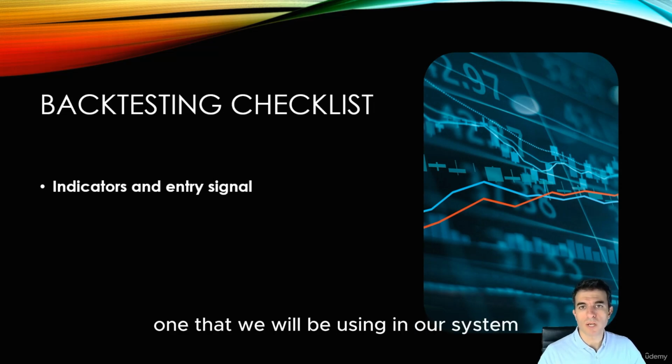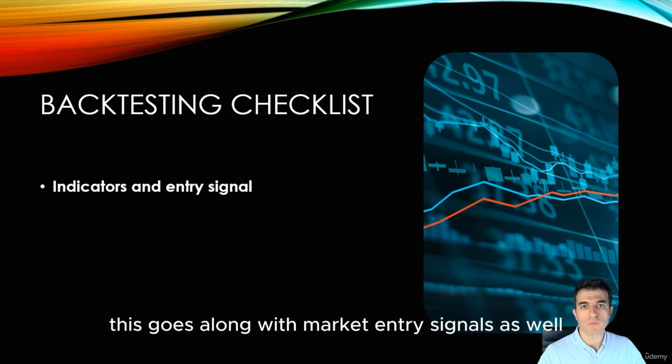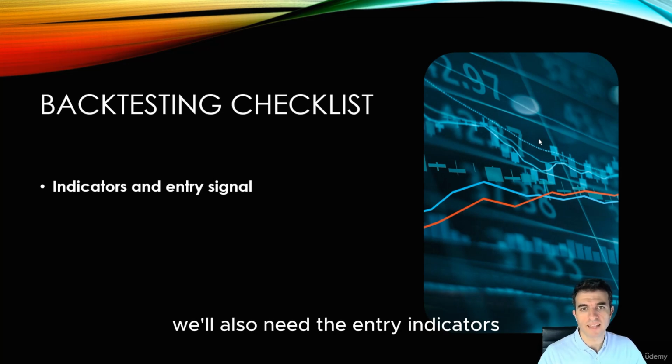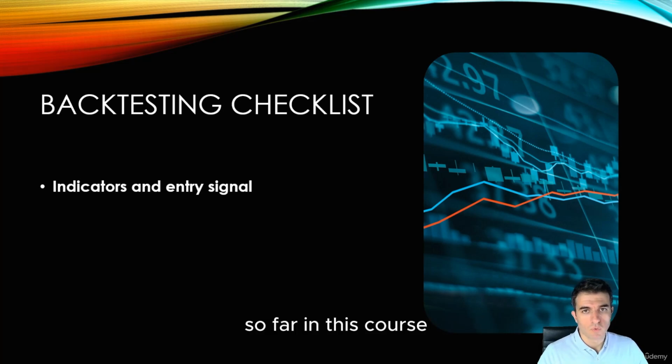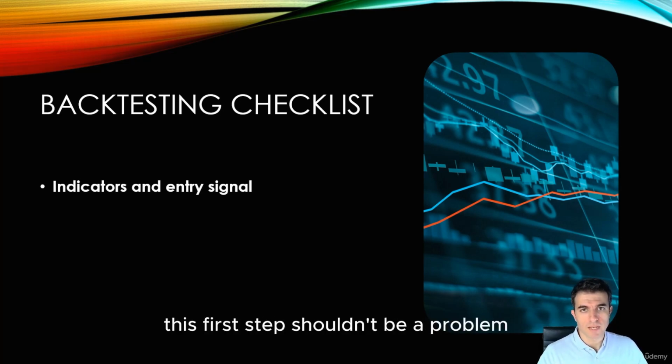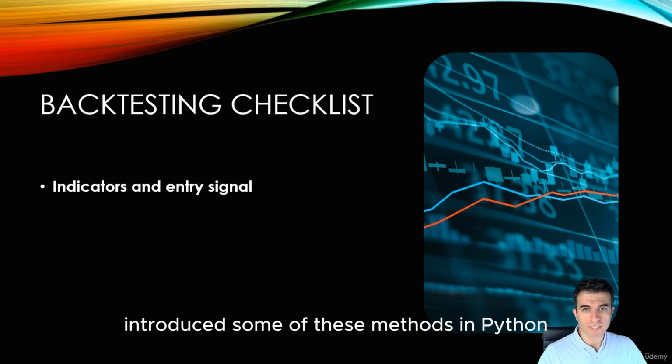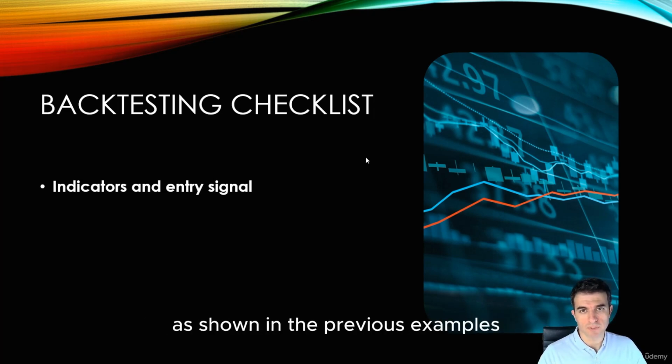So we need to choose one that we will be using in our system. This goes along with market entry signals as well. So we'll also need the entry indicators and a specific set of conditions that, when met, will trigger a trade. So far in this course, this first step shouldn't be a problem because we have already introduced some of these methods in Python as shown in the previous examples.